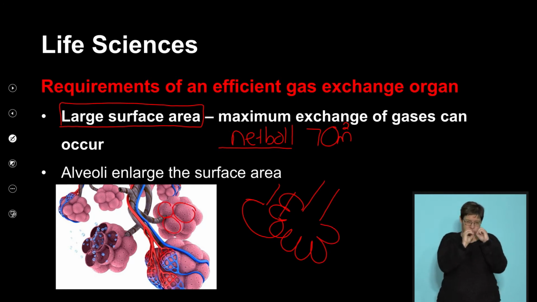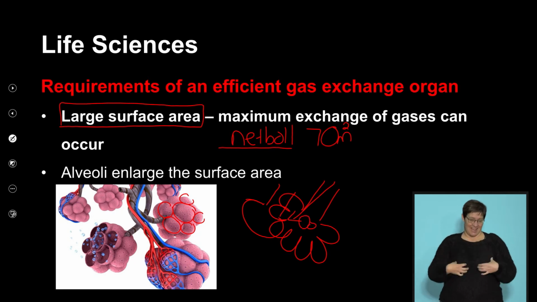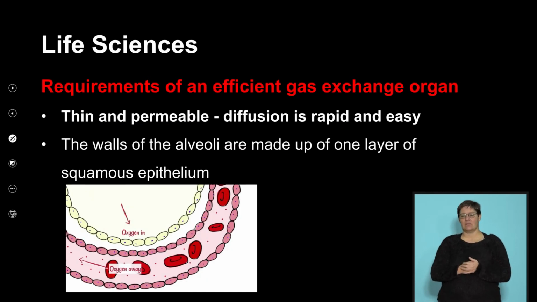And that increases the surface area. What does increased surface area mean? Guys, very simply, it means I can get more oxygen into my lungs, and I can also get more carbon dioxide out. The next requirement is thin and permeable, a very important part here.